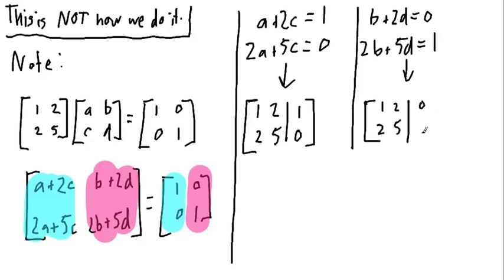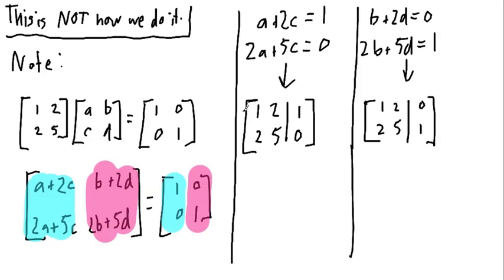But instead we get 0, 1 right here. And then we would do row operations. But look, what I've got going on over here is exactly the same thing that I've got going on over here. So the row operations I would perform here would be exactly the same.